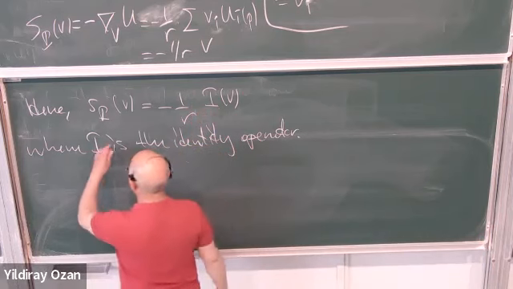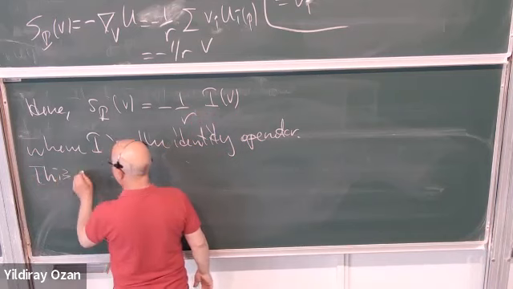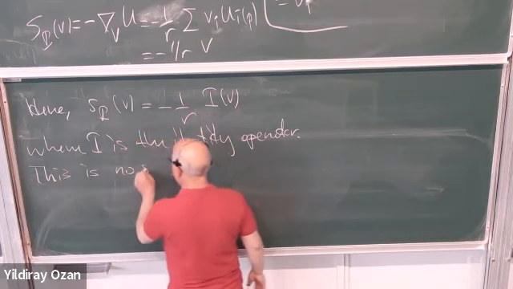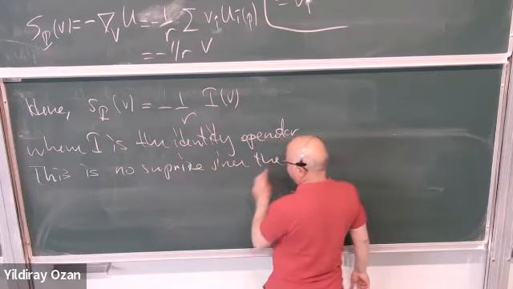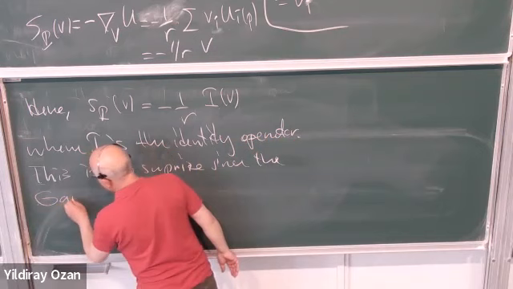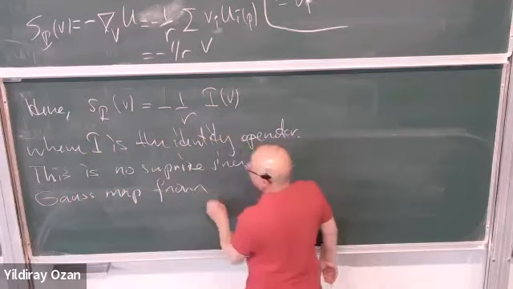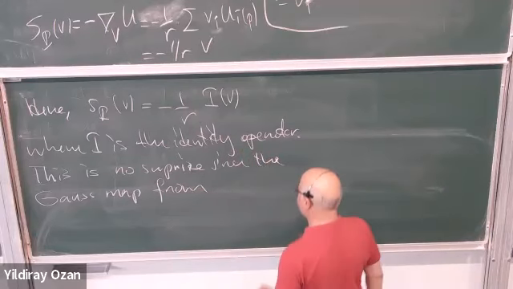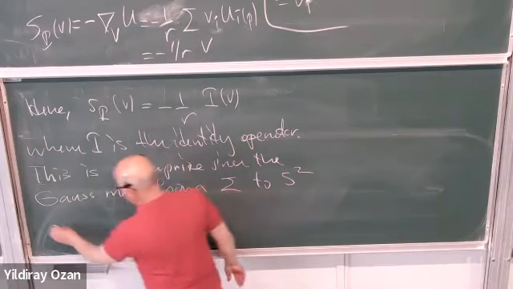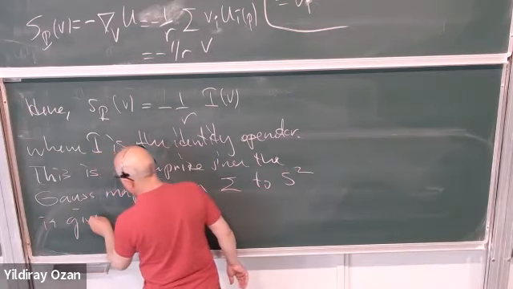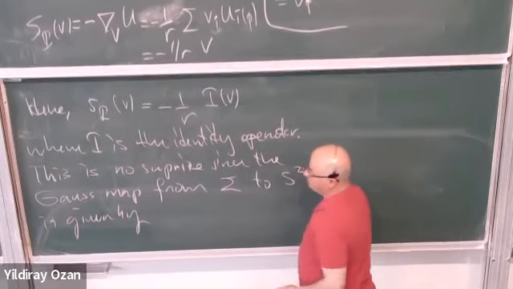This is, of course, no surprise, since the Gauss map from this surface sigma to S2 is given by... what is the Gauss map?